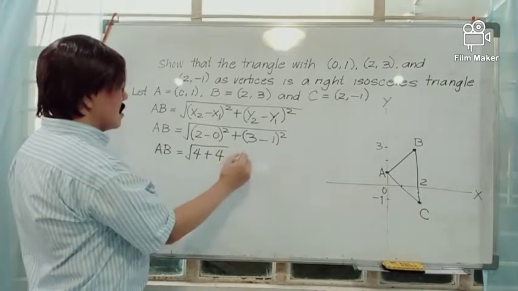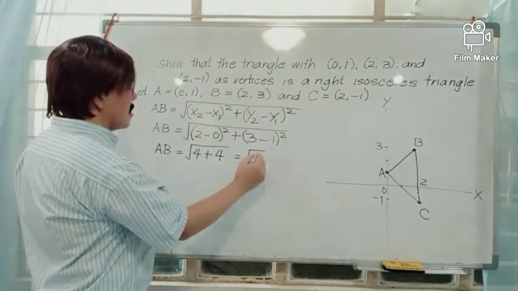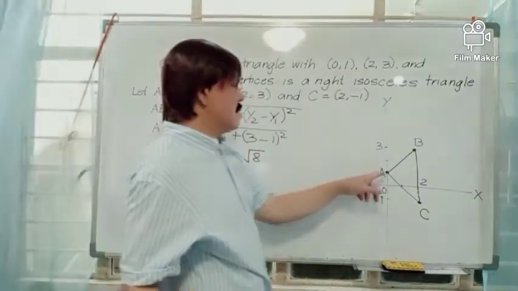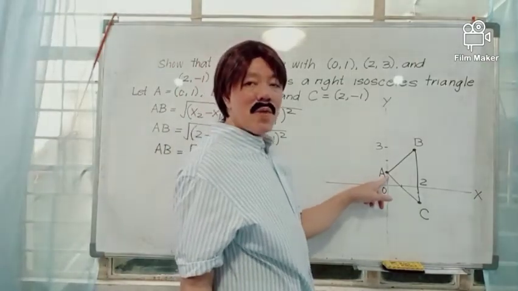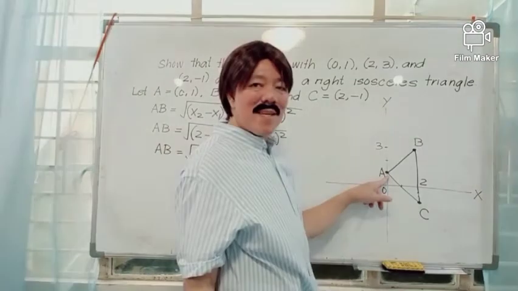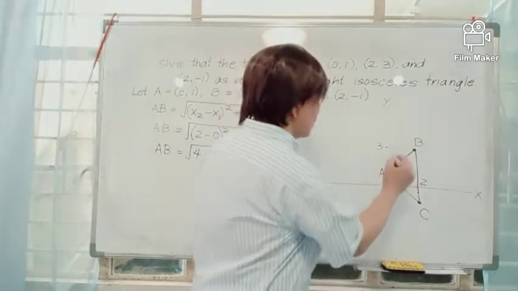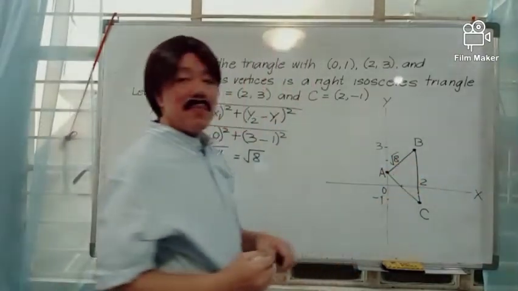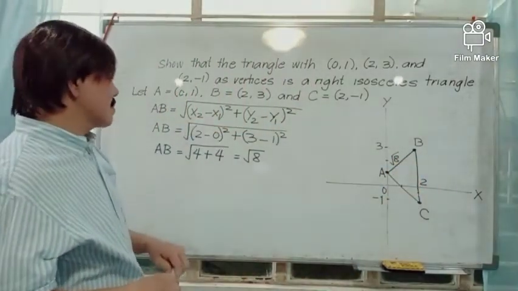This gives us the root of 8. Hence this side of the triangle through the vertices A and B has a length of square root of 8.